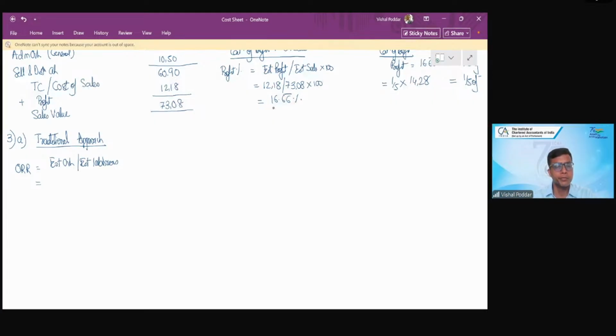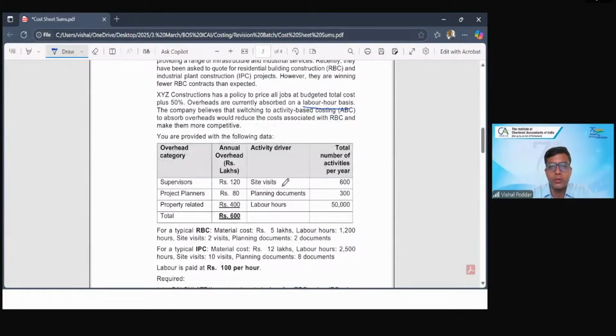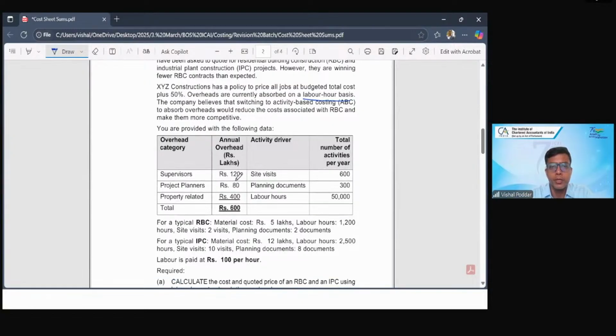That is the method, correct? So this is what you get. Estimated overheads is 600 lakhs, and the estimated hours is 50,000.